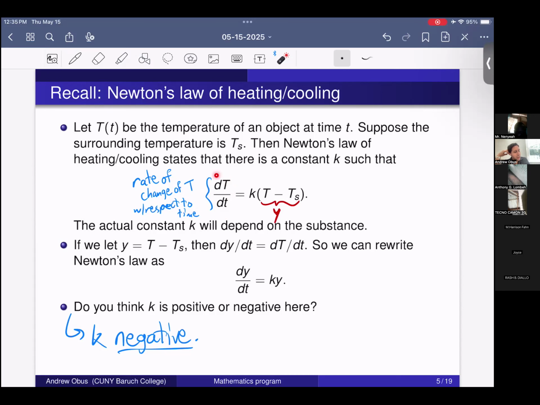So the rate of change is always in the opposite direction of T minus T sub S. If T is bigger than T sub S, this is positive, but it's going to cool down, which means the rate of change is negative. If T is smaller than T sub S, meaning the object is colder than the outside, then this quantity is negative, but the object is going to warm up, so the rate of change is positive. In both cases, the sign of dT/dt is different than the sign of T minus T sub S. And so to turn one sign into the other, this constant k that you multiply by has to be negative.